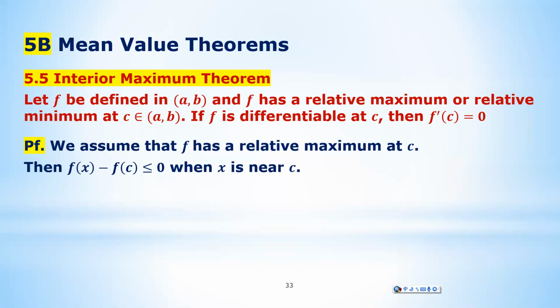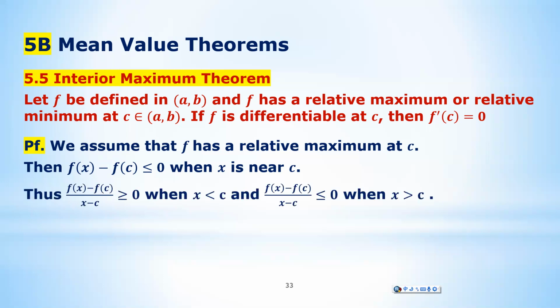When I say x near c, it can be divided into two different situations. x can be near c on the left side of c, or near c on the right side of c. These two will be different. However, f(x) minus f(c) is always non-positive, no matter which side x is on. Now look at the ratio, f(x) minus f(c) divided by x minus c. Think about x less than c, but near c.